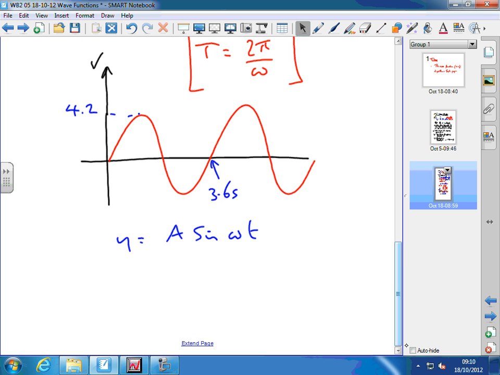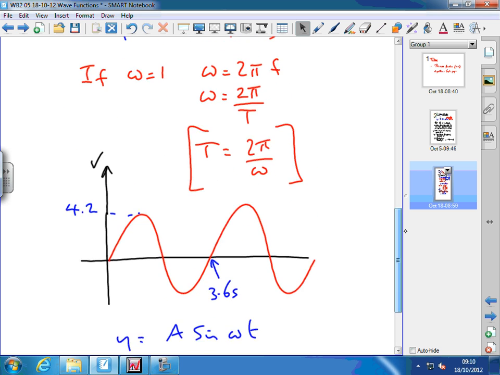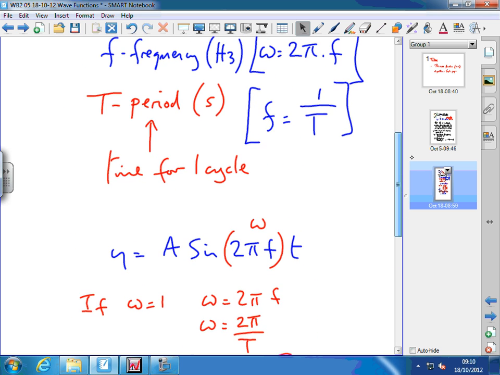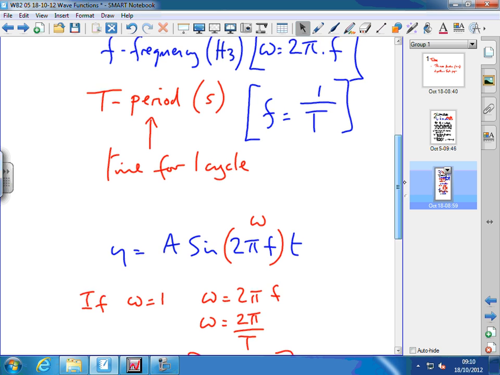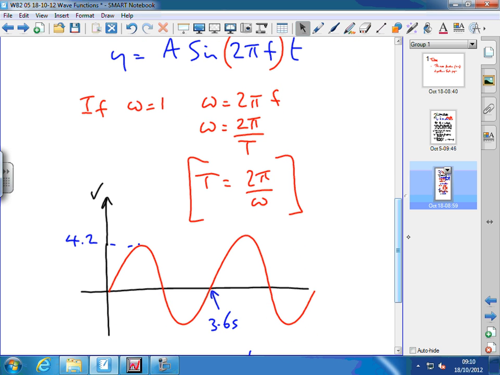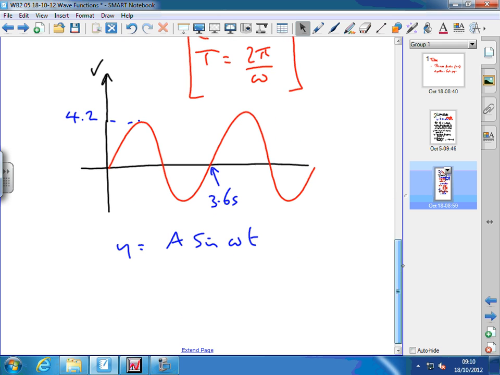Look, the time for one revolution, which is called the period. So from that I can calculate the frequency, because the period is 1 over the frequency, or I can use this formula to work out omega, because omega is 2 pi over T. So what is omega?